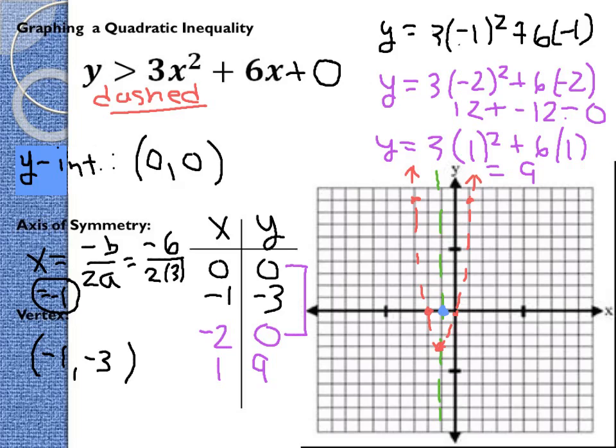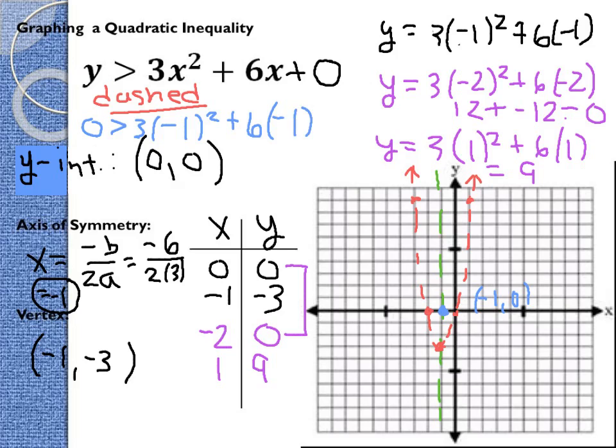So when I plug this into now my inequality, I get the coordinate -1, 0. So y, our y value, is 0, and then is greater than 3 times -1 squared plus 6 times -1.